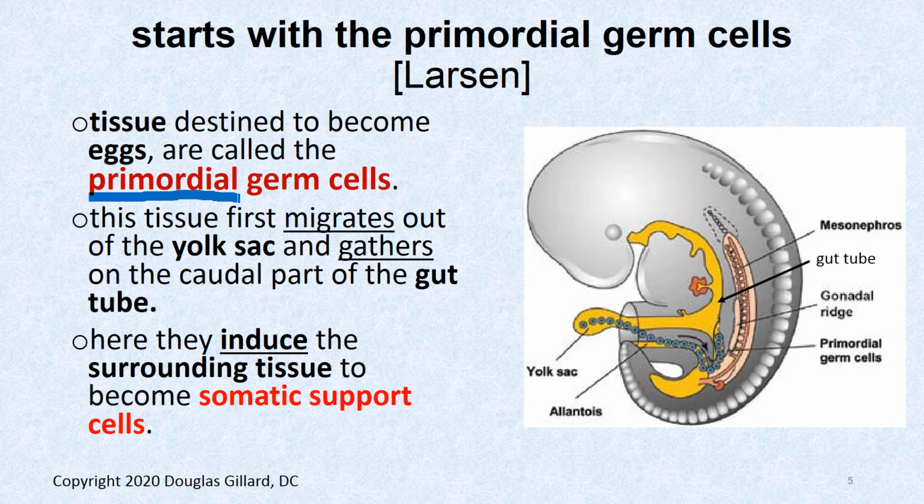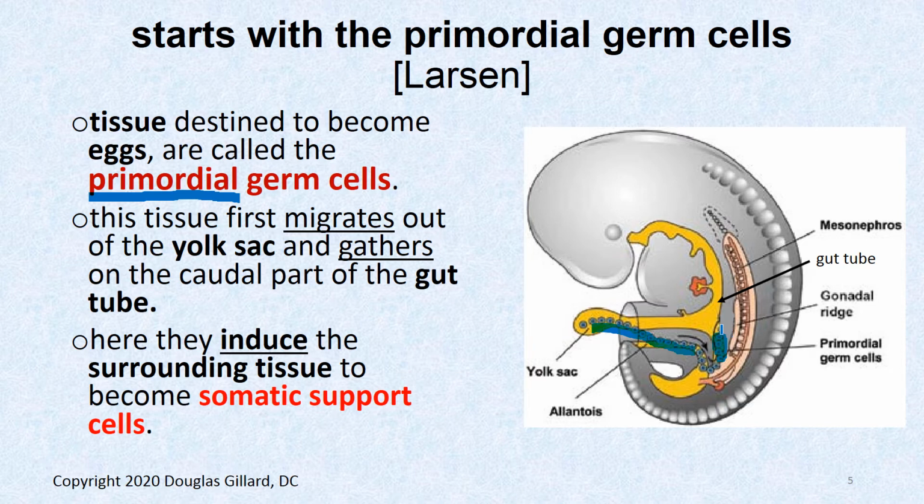And those things migrate out of the yolk sac, and they go right up the yolk sac, and then they get into this region of the gut tube, toward the caudal portion of it. And they start to hang out and build up here, and they build up and build up. So those are the primordial germ cells, but it's weird.